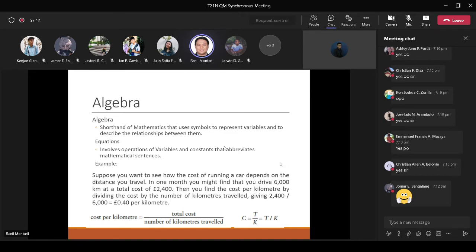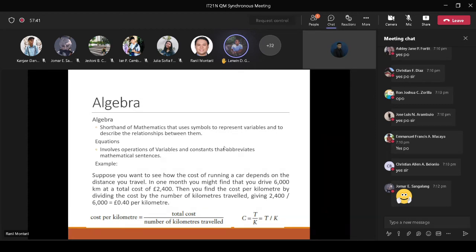Can somebody read the problem? Okay, Lerwin, go ahead. All right. For the first example, suppose you want to see how the cost of running a car depends on the distance you travel.